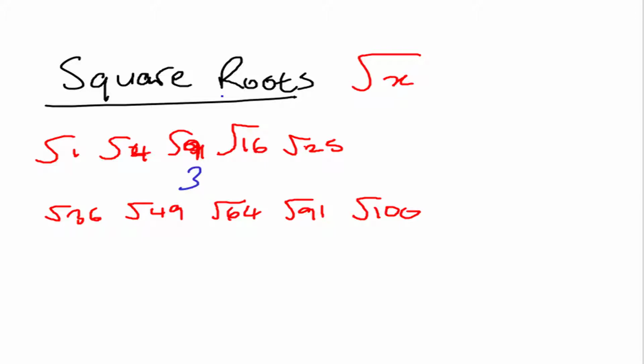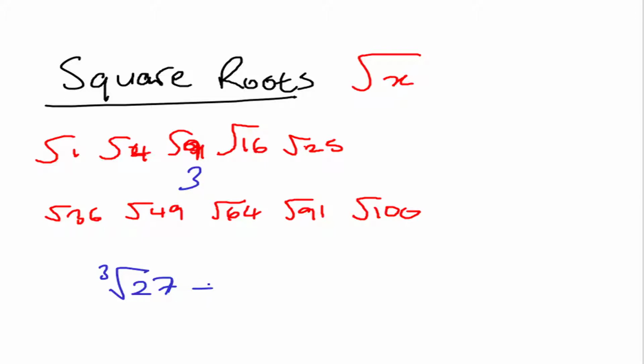Same with cube root. If you have cube root, it is what number times by itself and then by itself again gives you that number. So again, let's give you an example. Say cube root of 27. So one number times by itself, then by itself 3 times over gives you 27.